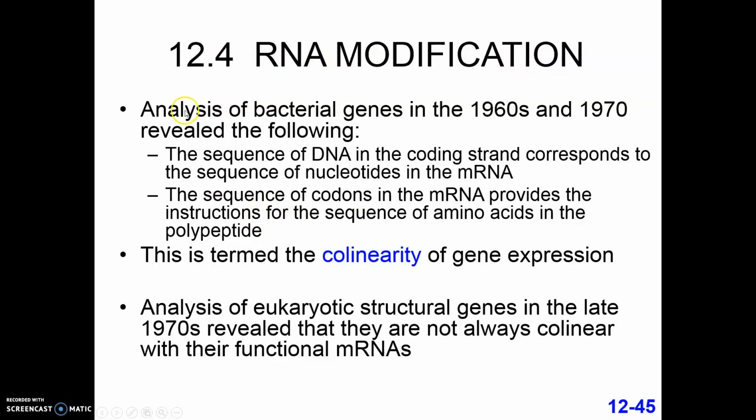So, back in the early days of RNA research, when we were looking at bacterial genes, what we realized is that the sequence in the DNA corresponds directly to the sequence in the messenger RNA, and the sequence of those codons in that messenger RNA correlates directly with the sequence of amino acids in that polypeptide.